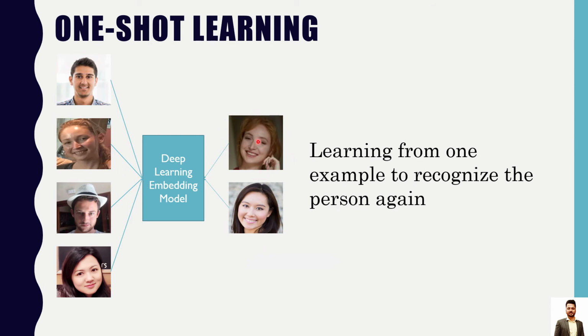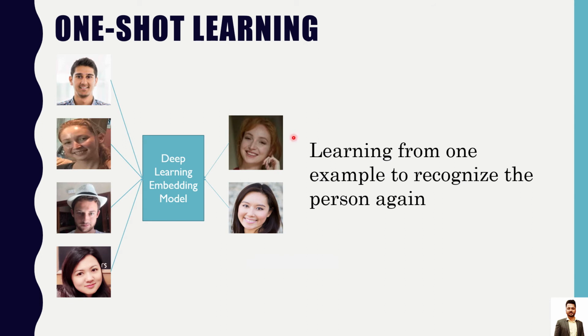So what you have to do is convert this image into something which can be matched with the embedding of this person or the embedding of this person. Embedding means features of the face of that person. So you have to match each and every face with that particular face and then match the ID.